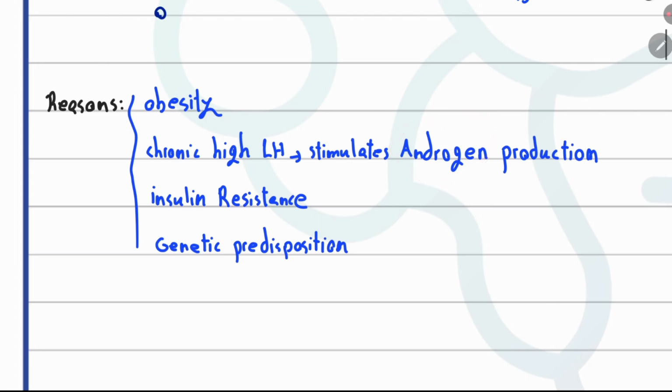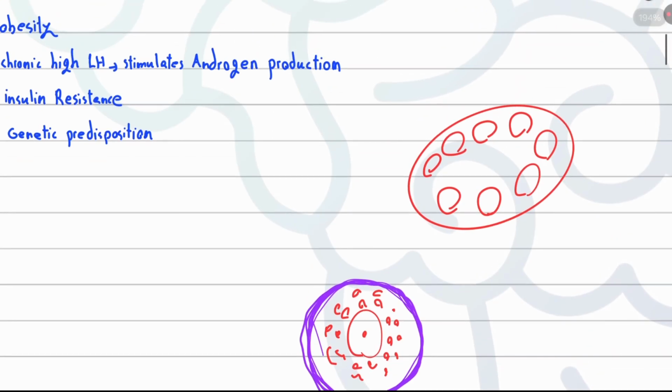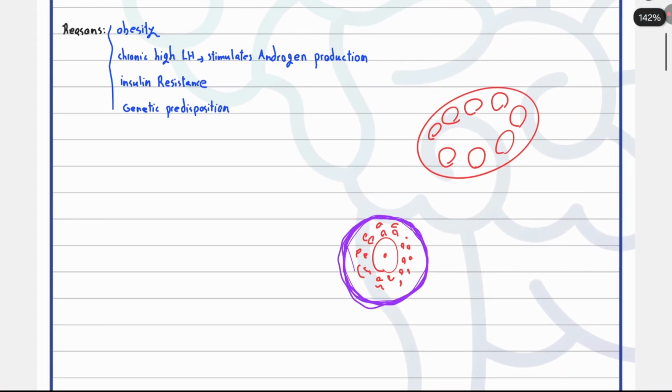When androgens are secreted by the theca cells in high concentration, they stop the follicle from maturing. So that's why in this situation we can see a lot of follicles that apparently have been arrested in their growth, and they have no tendency to ovulate.